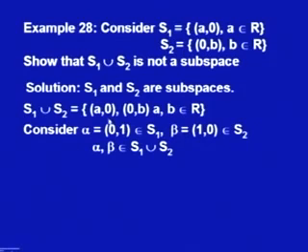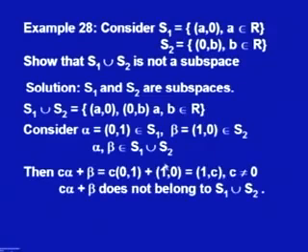Now, for this we consider alpha as (0, 1) belonging to S1. Here I am taking B equal to 1. Beta is equal to (1, 0) belonging to S2, 1 is A. Now, alpha and beta belong to S1 union S2. Let us check this.